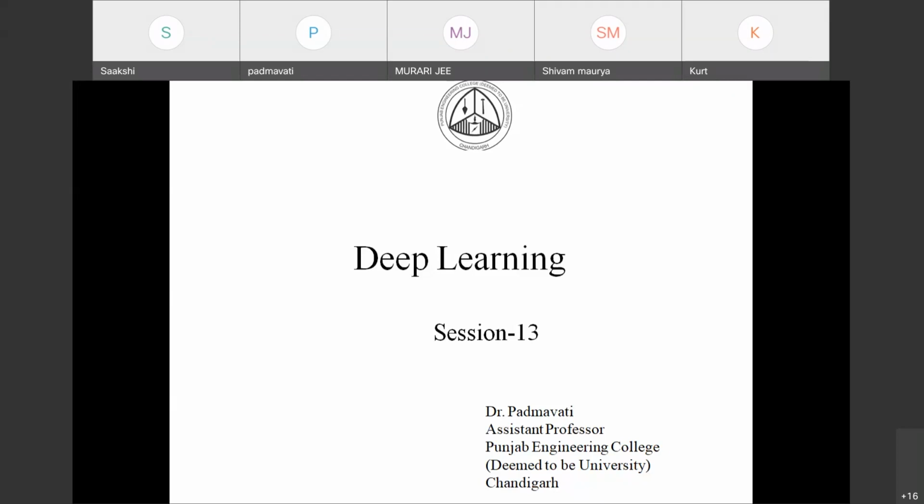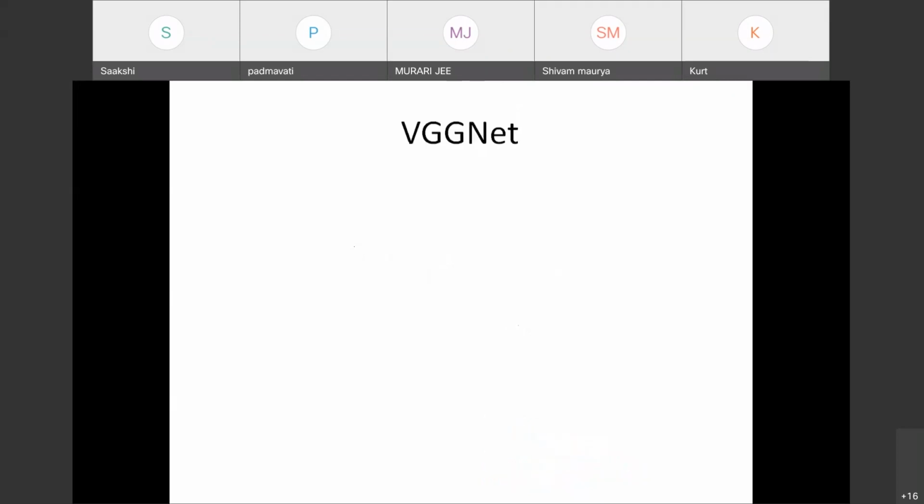With that, let's start today's session on VGG net. We have two types of VGG networks. One is VGG16, the other one is VGG19. The name itself suggests that VGG16 will have 16 layers, so it is much deeper as compared to the 8 layers of AlexNet that we discussed in yesterday's session.